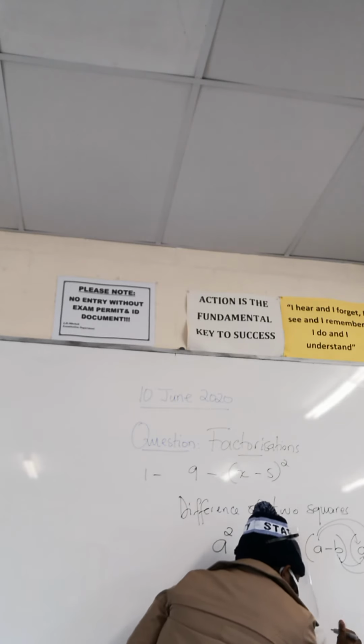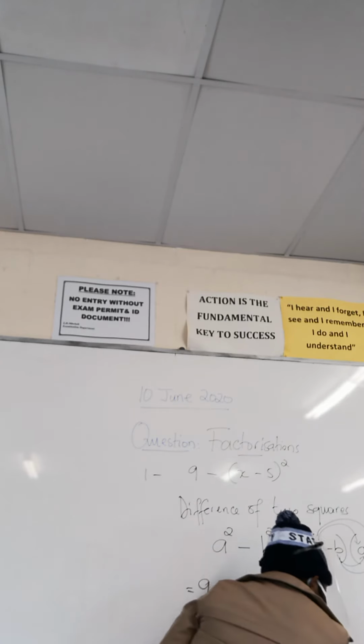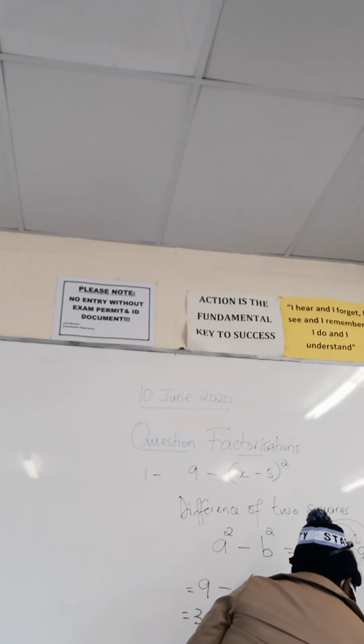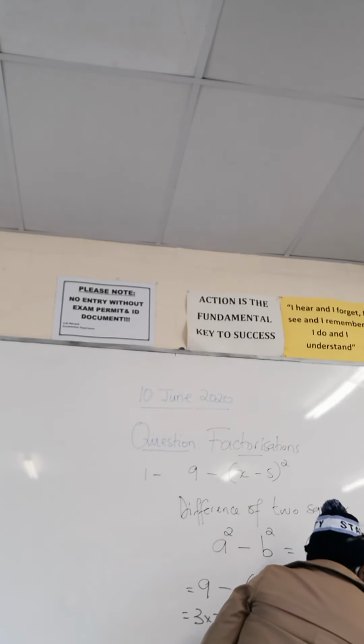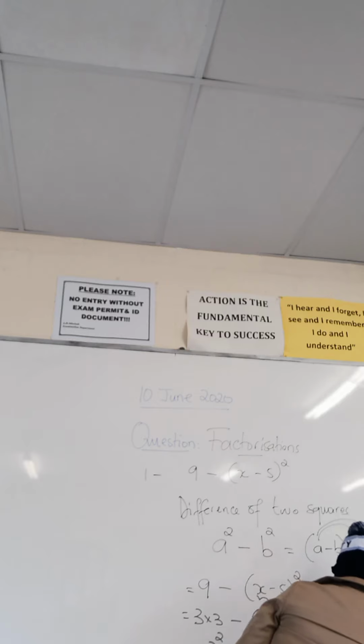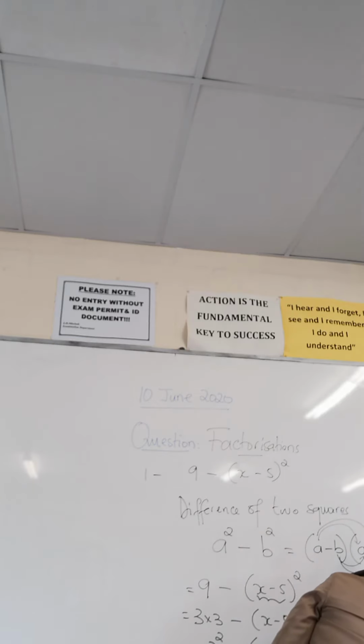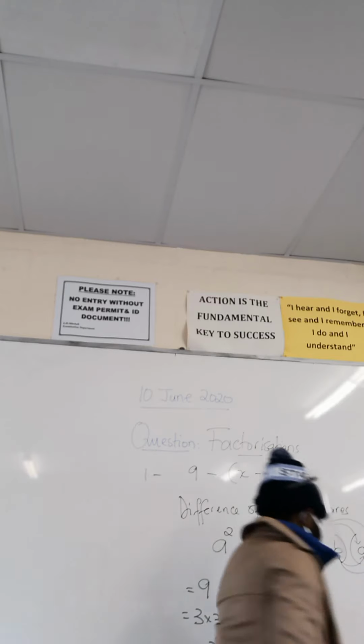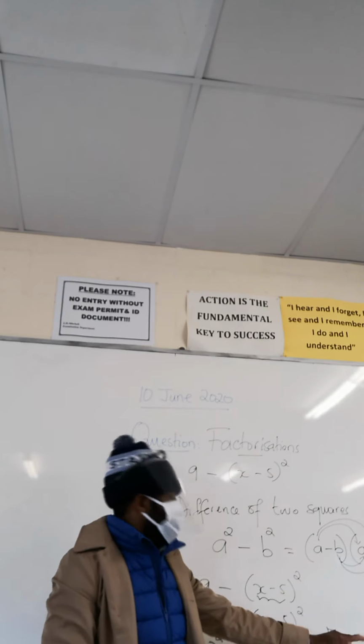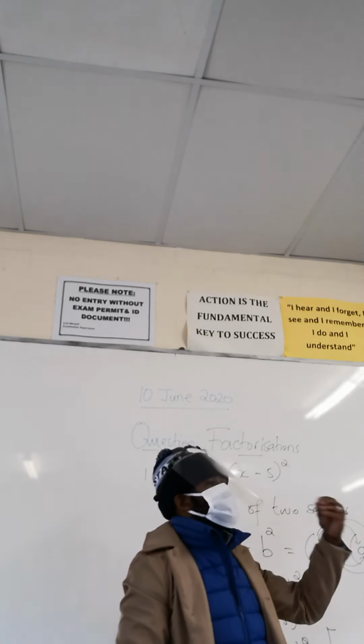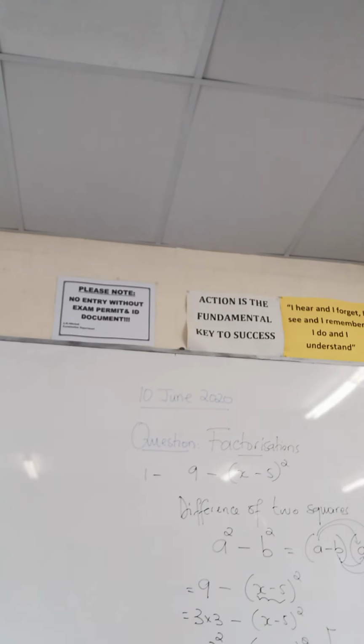So I can change this to a big bracket and have (x minus 5), close bracket, open bracket, I will have 3 plus (x minus 5). You cannot leave it here, because they want you to fully factorize it.